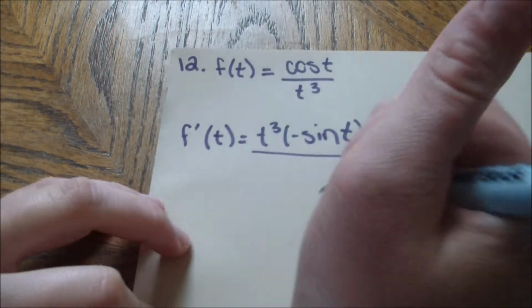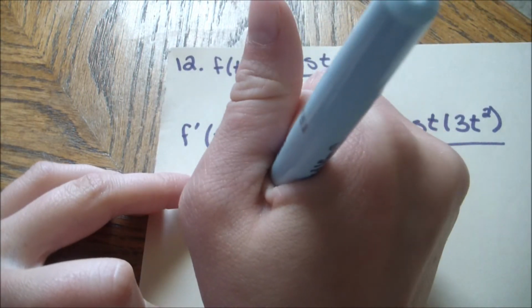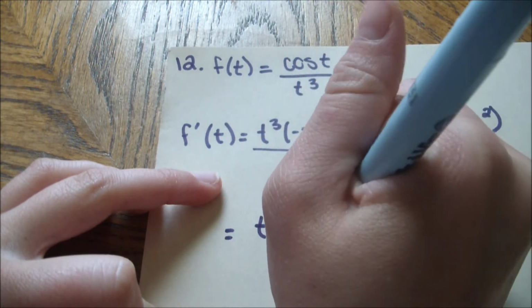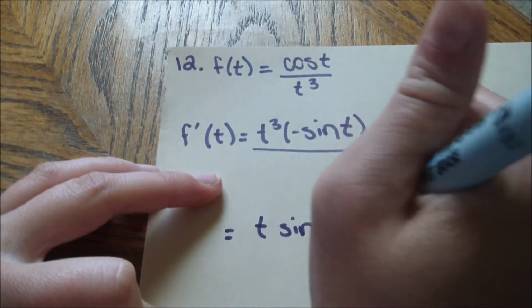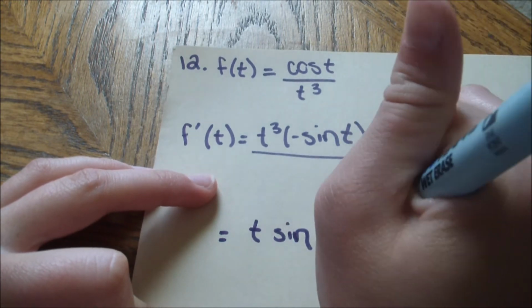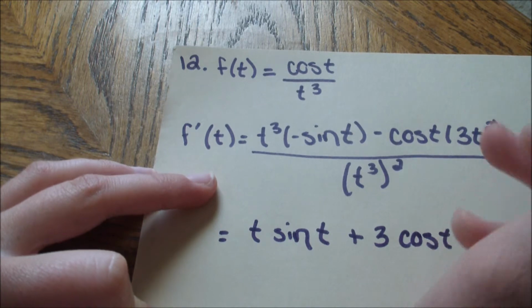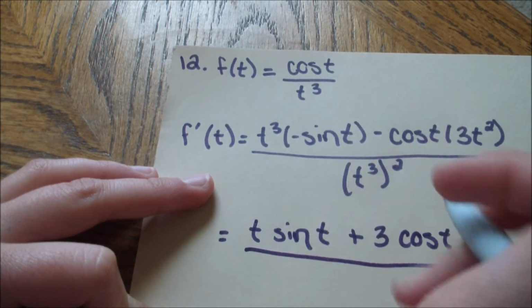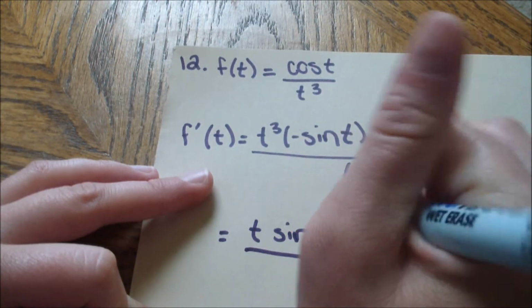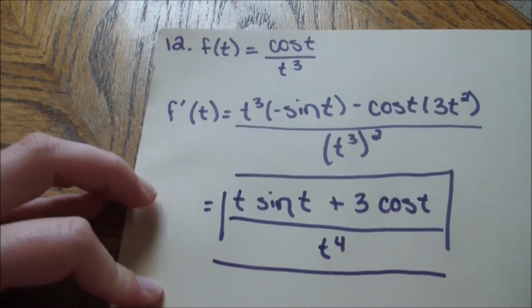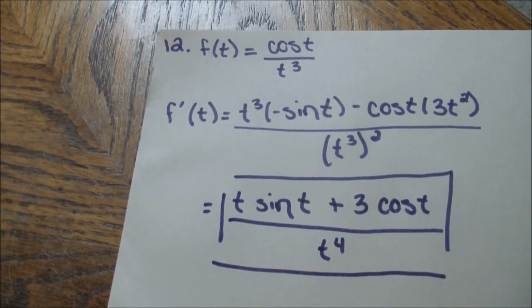And then we'll simplify that, and we get negative t sine of t plus 3 cosine of t over t to the fourth. And there's number 12.